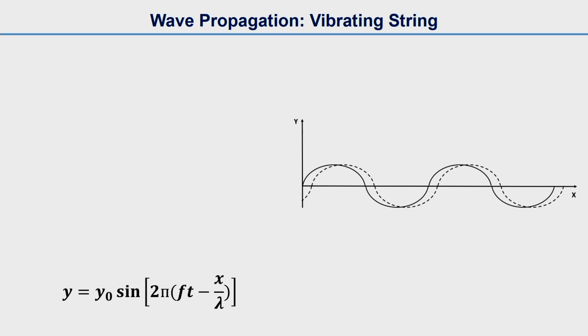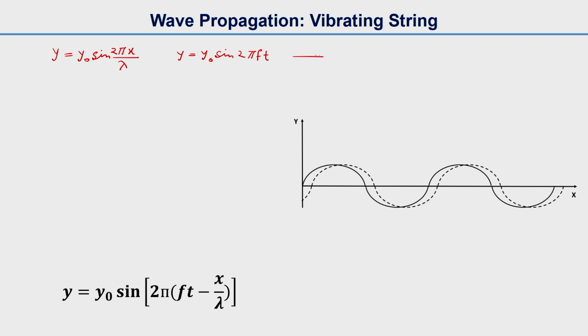So in the previous slide we have derived these equations, y equal to y naught sine twice pi x divided by lambda, and y equal to y naught sine twice pi f t, with frequency and time.